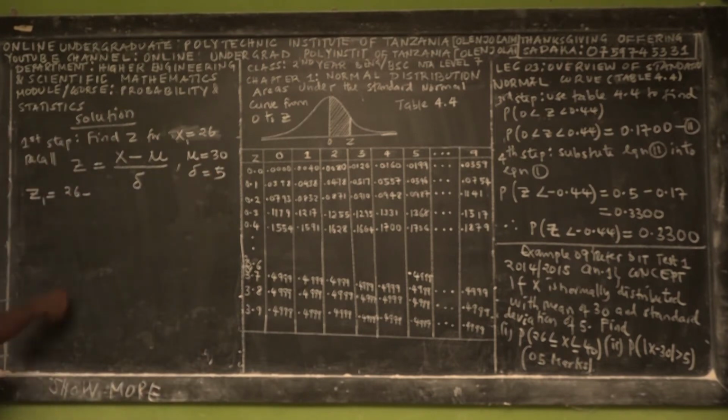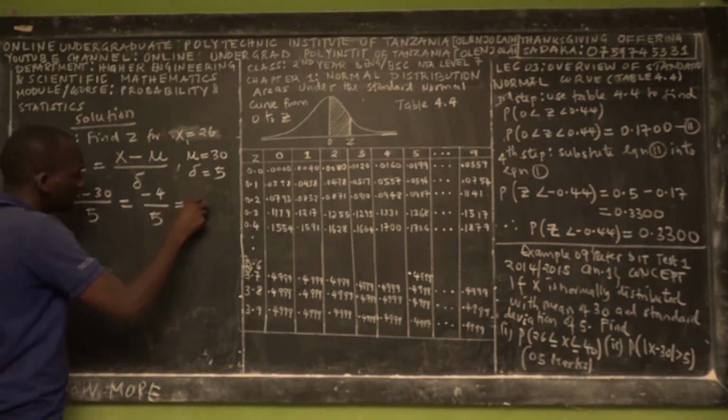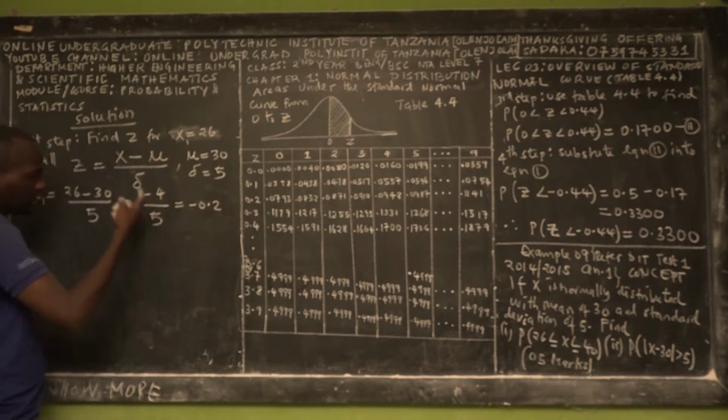So it's equal to 26 minus 30 divided by 5. So 26 minus 30 is equal to negative 4 over 5. So simply, this is equal to negative 0.8 in decimal places.